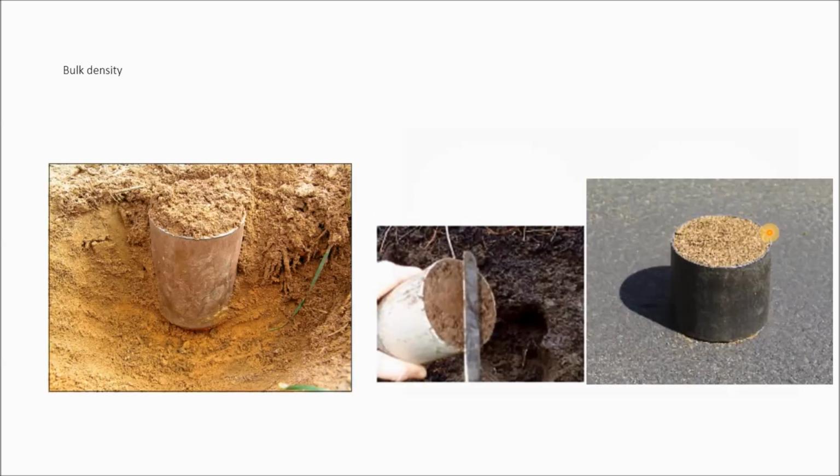Measuring the bulk density is done in a different way. You can take a pipe open on both sides, or a closed model, and measure the weight of the empty pipe or empty container. Then put the sand in, don't tap much, and remove the excess sand from the top of the surface.